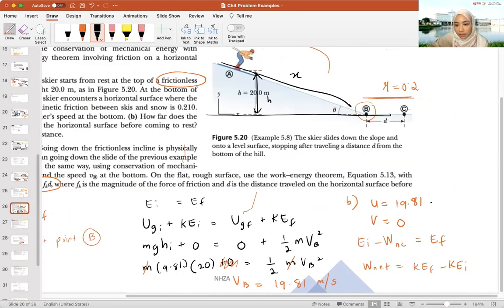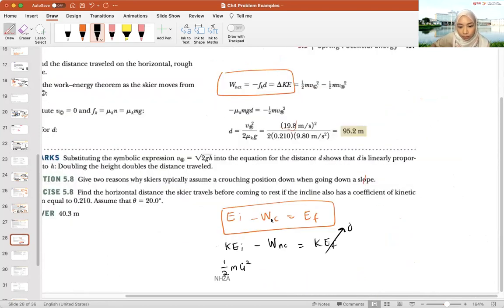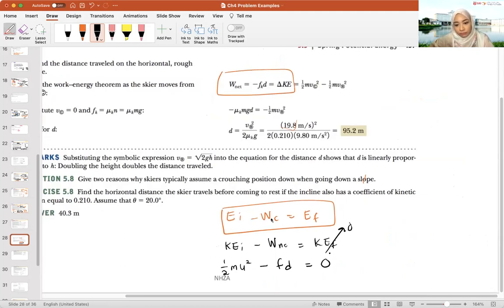The U is 19.81 and our V is 0. So this becomes 0 and this becomes WNC. WNC is force of friction times displacement equals to 0.